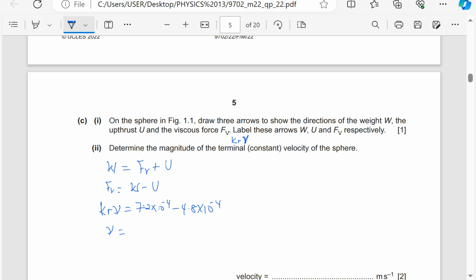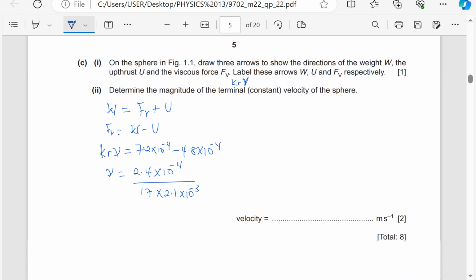What is this difference? 7.2 minus 4.8, I think that is 2.4. So that is 2.4 times 10 to the power of minus 4 divided by k. I think k was given as 17 in the units that we derived. Then r was the radius, which is 2.1 millimeters, so it's 2.1 times 10 to the power of minus 3. I've made v the subject.